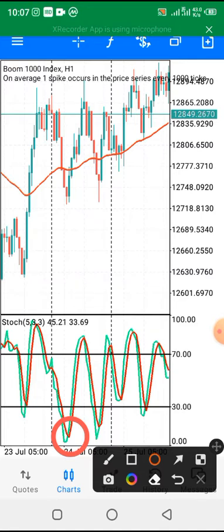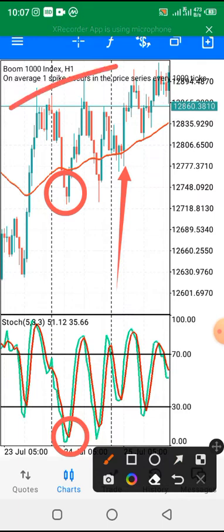This was this region. You can see it was that region, right, guys? Also, one thing you have noticed now, price is trading above the 50 moving average. You can see this type of a pattern, meaning it's an uptrend. You can see now price is trading above the moving average, right?